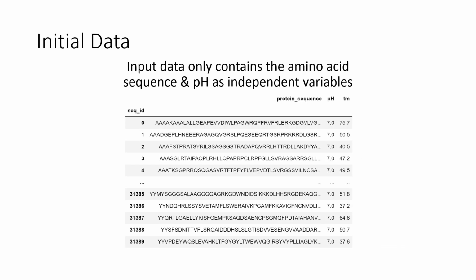So the initial file is fairly simple. All you're given in the primary CSV, the trained CSV, is the protein sequence, which is representing all the different amino acids in the chain, the pH, and the target variable, the temperature of melting.